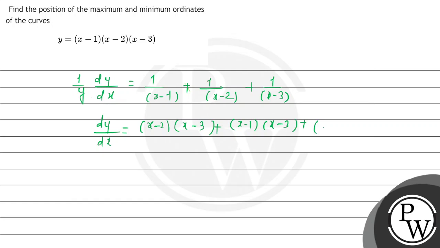And in the third, (x - 3) cancels out, leaving (x - 1)(x - 2).